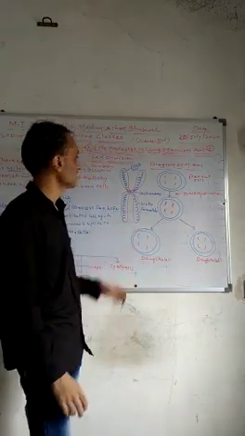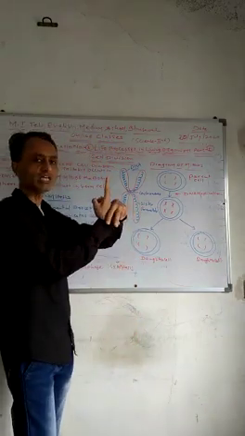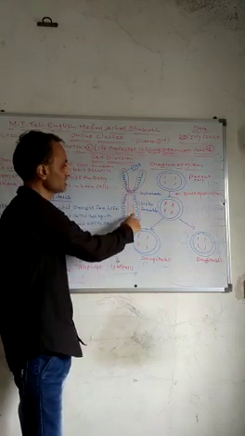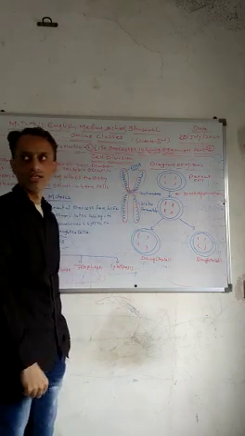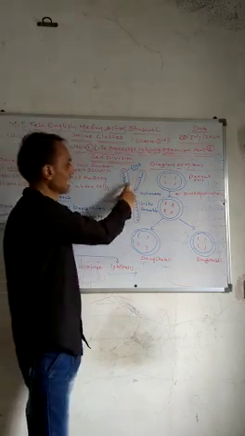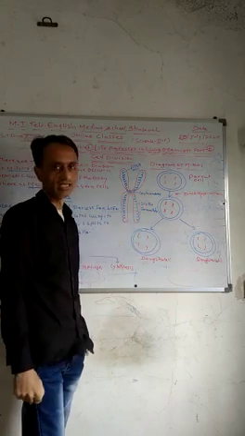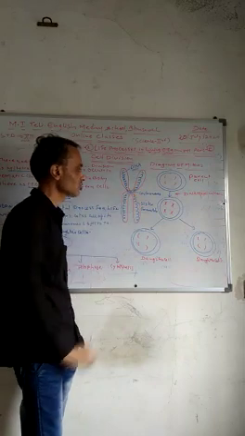Here we have prepared the diagram of chromosome. Here you can see that double V-shaped structure is there, and inside this double V-shaped structure, you can see the DNA is present. This is called as the chromosome. At the center of the chromosome, there is a part that is called as the centromere. Centromere is the center of these two sister chromatids of the chromosomes.